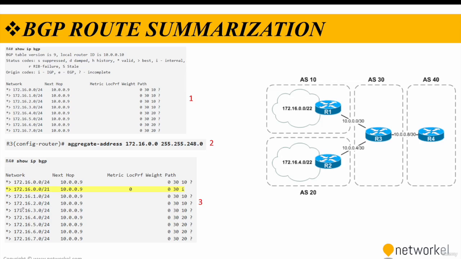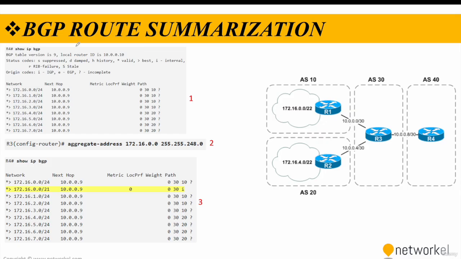So instead of advertising multiple specific prefixes, BGP advertises a single summarized prefix that covers all the specific prefixes. In this case, this reduces the routing table size and simplifies the routing. So how can I configure the BGP route summarization?